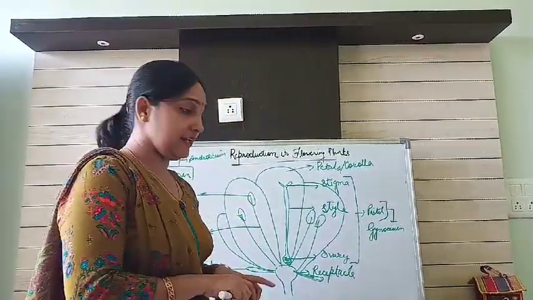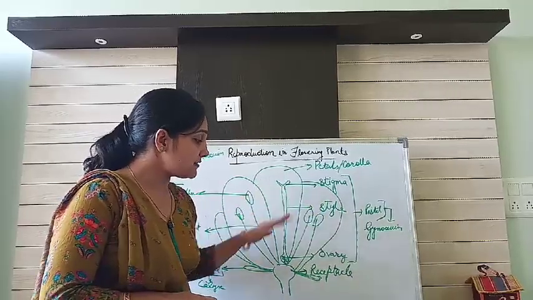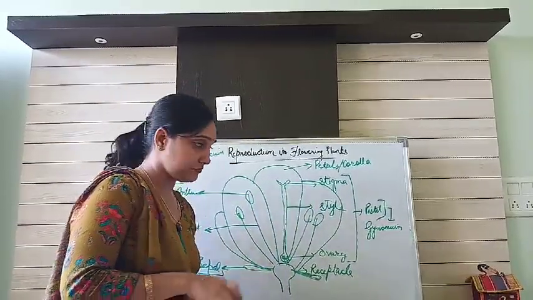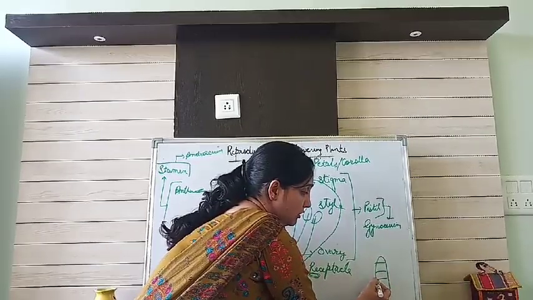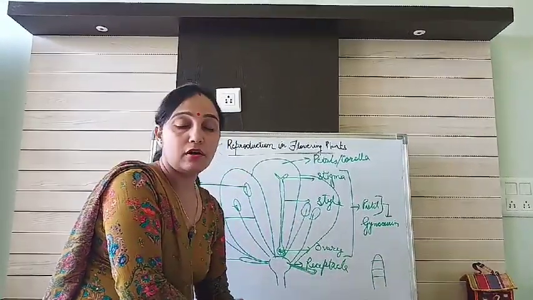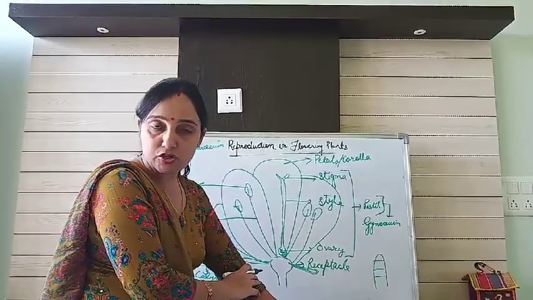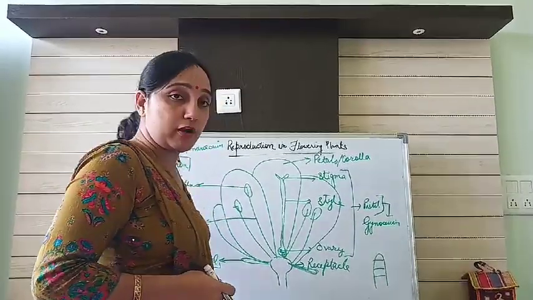Now let's see how all these parts are attached to the receptacle. We call a flower a modified shoot, a modified stem, right?